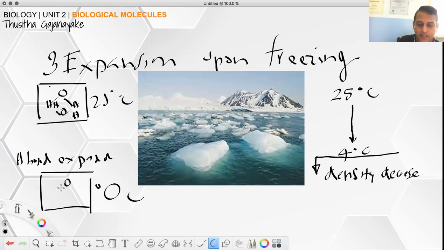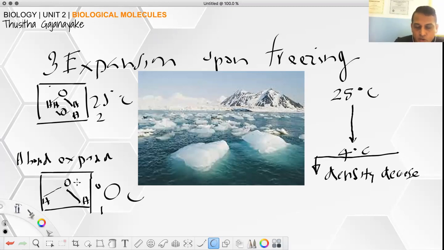As a result of that, it can occupy only 1 molecule. Here you can see 2 molecules, here you can see 1 molecule, because of the expansion of the hydrogen bonds. As a result, fewer molecules in a given surface area.